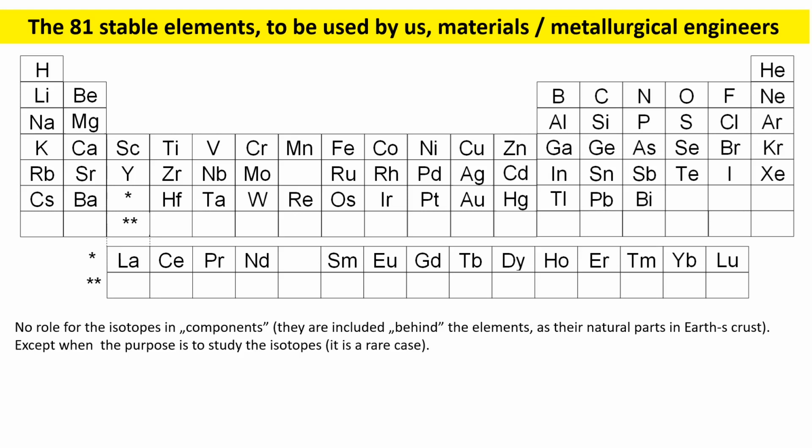Okay? There is maybe one exception from this rule, and this exception is if you are specifically interested in the isotopes. Then, of course, you can make a choice that you select different isotopes of the same element, but this is a very much exceptional case, and in this course, at least at the beginning, it will not be discussed.